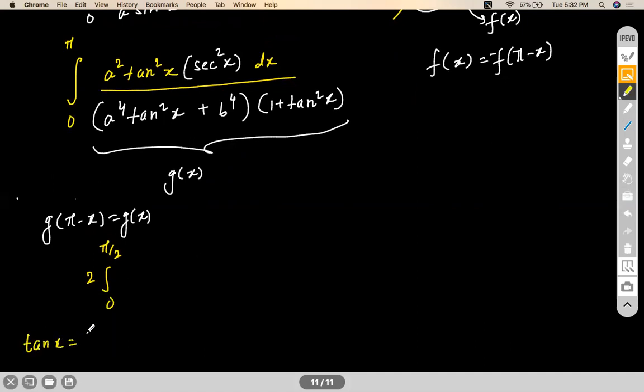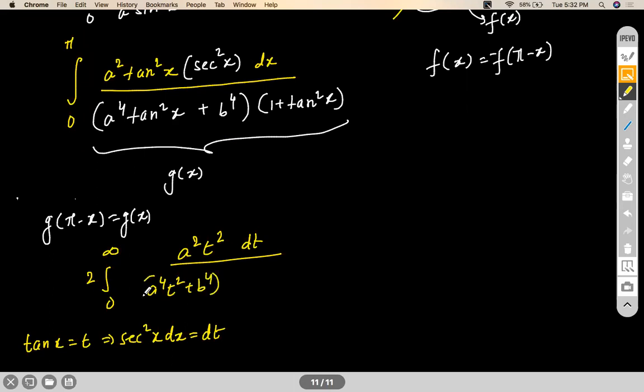So I'll be saving my effort over here. I will directly jump to the result in terms of t. So this will become 0 to infinity, a square t square dt by a to the power 4 t square plus b to the power 4, times 1 plus t square.